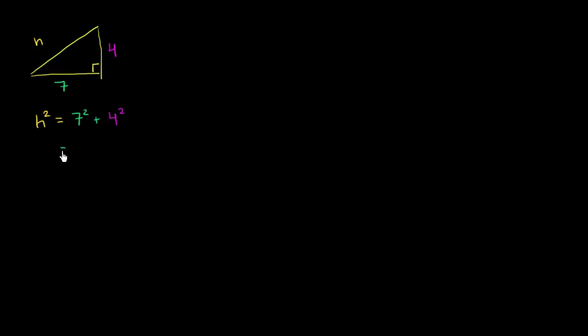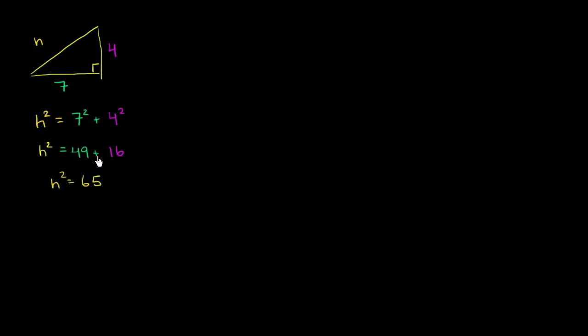So this is equal to 49 plus 16. Let's see, 49 plus 10 is 59, plus 6 is 65. So h squared is equal to 65.